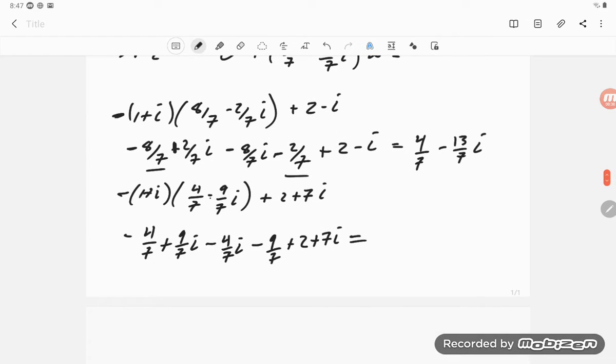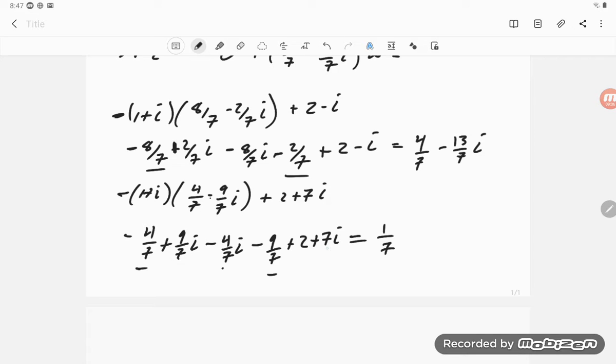So that ends up being our real numbers. I have a -9 and a -4, so that's -13/7 plus 14/7. That looks like 1/7. And then positive 9, -4, that's positive 5/7.